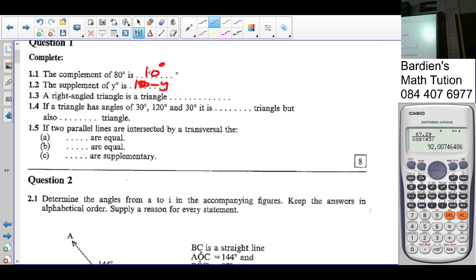Yes, with one angle equals 90 degrees. So it has one angle that has 90 degrees in it.